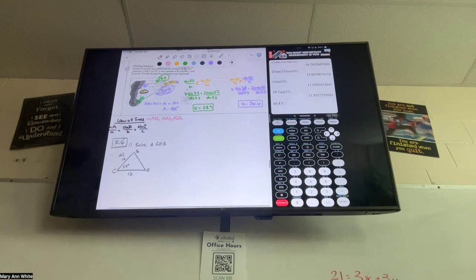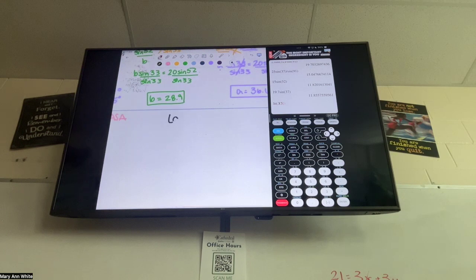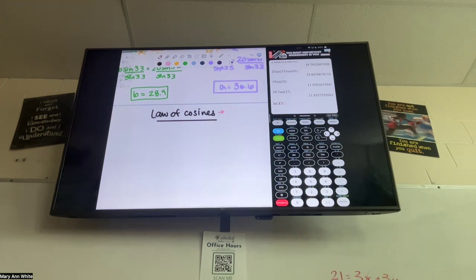So next thing I'm going to teach you is law of cosines. And this we're going to use in two situations. We're going to use law of cosines if we have side, angle, side, SAS, or if we have side, side, side. So if you have all three sides, you cannot do law of sines.